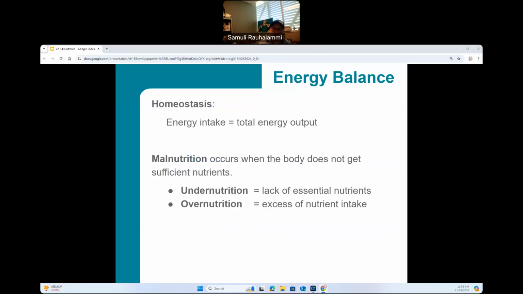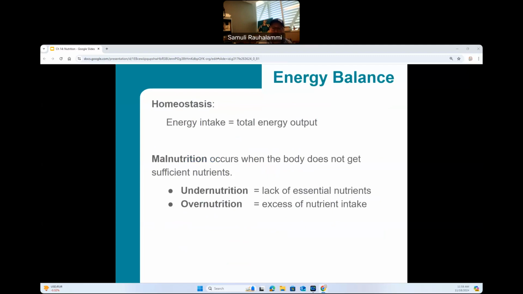Now, let's look at energy balance in the body. When the body is said to be in homeostasis, so in equilibrium or balance, we have the same amount of energy going in as we have energy going out. This energy is released from food during digestion, and energy is lost largely as heat. About 60% is lost as heat.